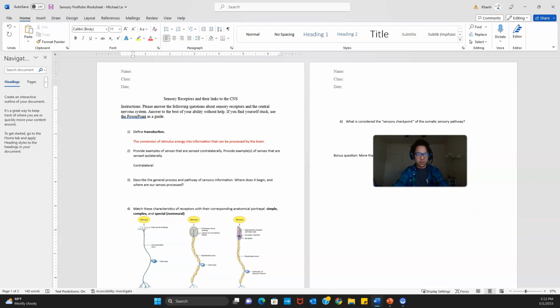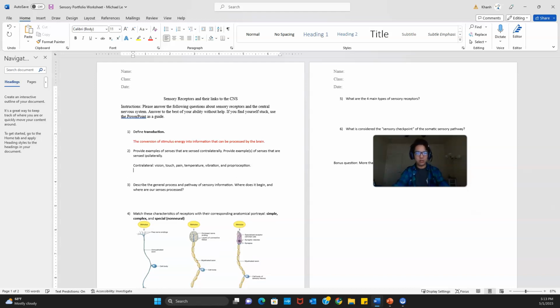Contralateral: vision, touch, pain, temperature, vibration, and proprioception. Now, ipsilateral: audio mostly, as well as smell and taste.